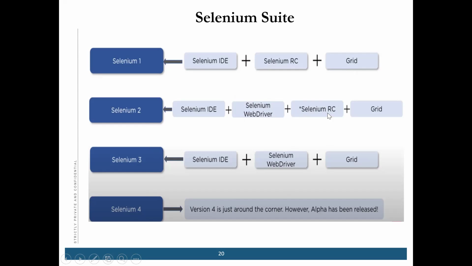Why has RC been removed? Because it has an additional server. In Selenium 4, it's the advanced version of Selenium WebDriver. This is an old PPT; Selenium 4 is already in the market and we are using Selenium 4.